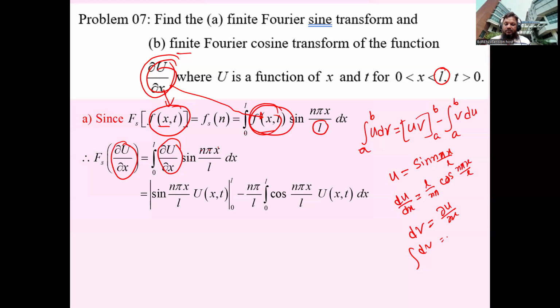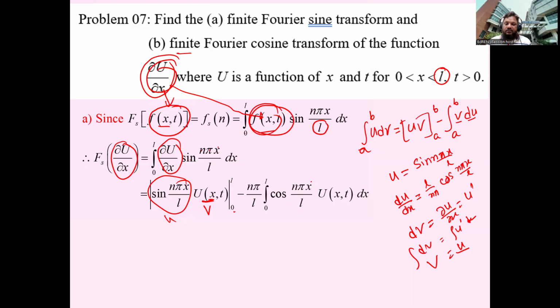The integration of del u del x is u, so v is the capital U, u of x,t. So u is this value, and this one is v. Then it is uv from 0 to L minus the integral of v du.